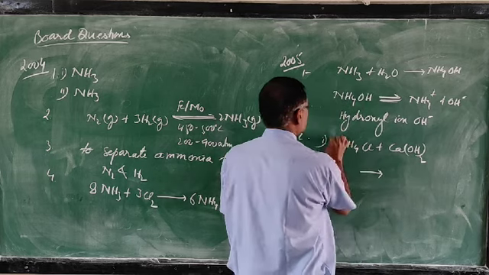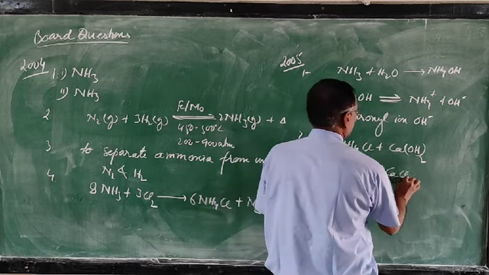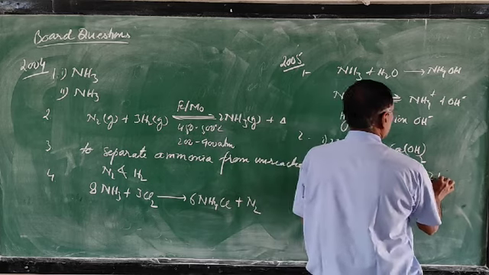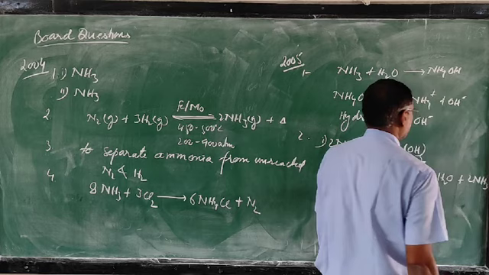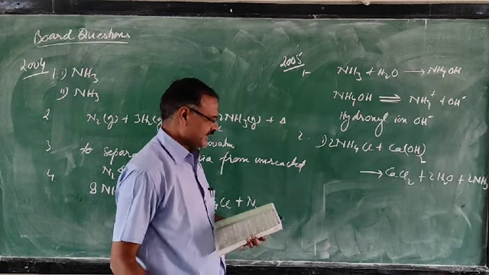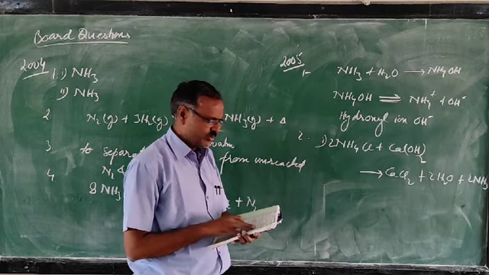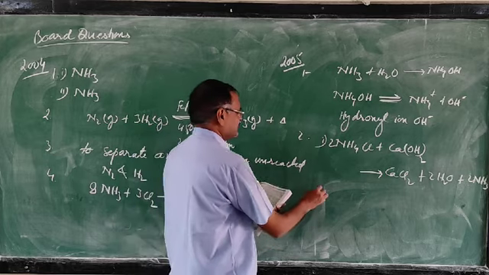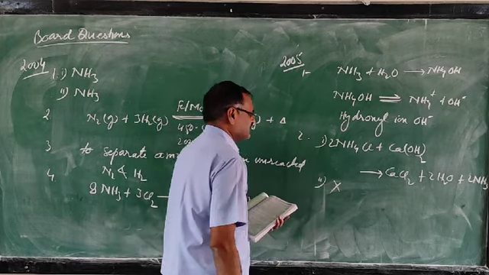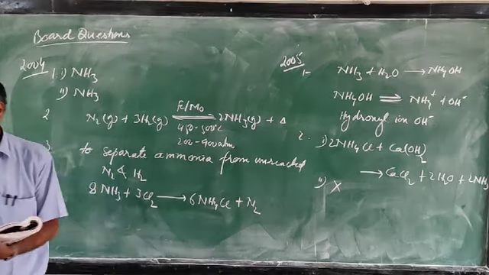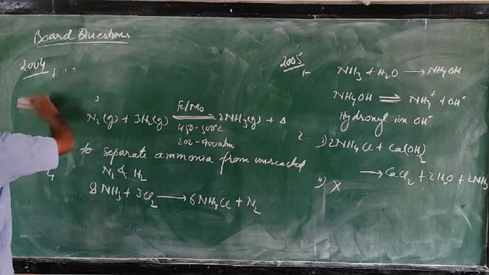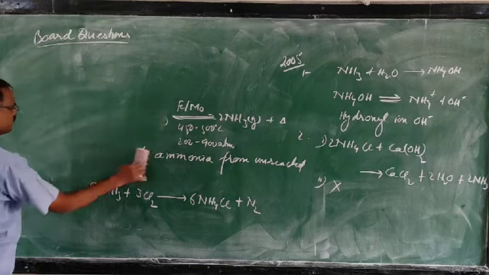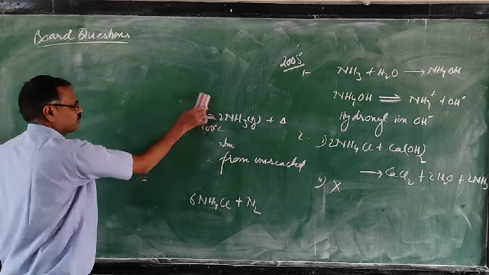When these two are heated, this will form calcium chloride, water and ammonia. And the second one is aluminium nitride and water; it is now removed from the syllabus, so you can leave that. 2005 is over. Now we take the 2006 board questions.